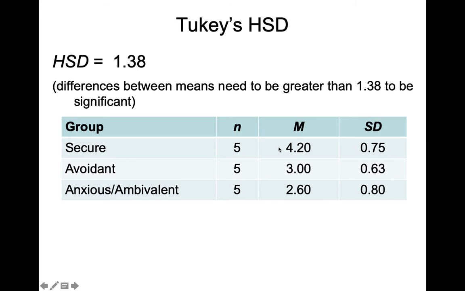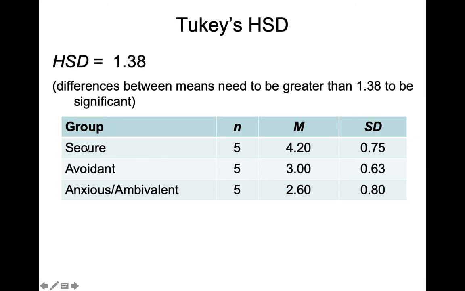What about our second comparison? Secure versus anxious ambivalent. The difference between 4.2 and 2.6 is, let me do the math, 1.6. So we've got a difference of 1.6 between secure and anxious ambivalent. That difference of 1.6 does exceed the honestly significant difference.